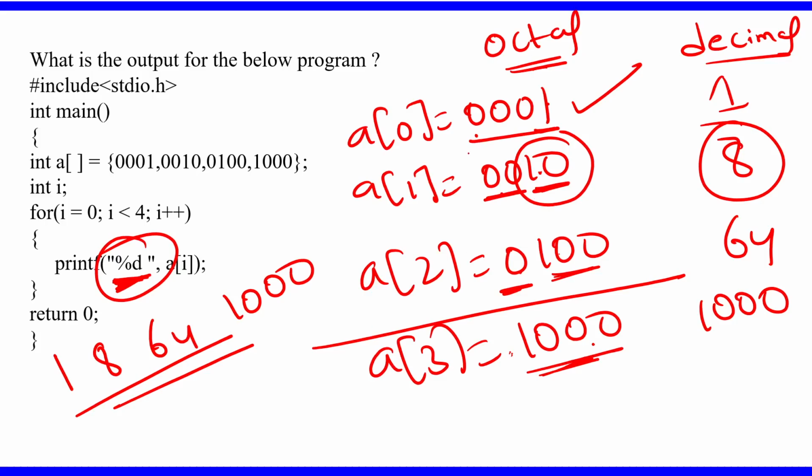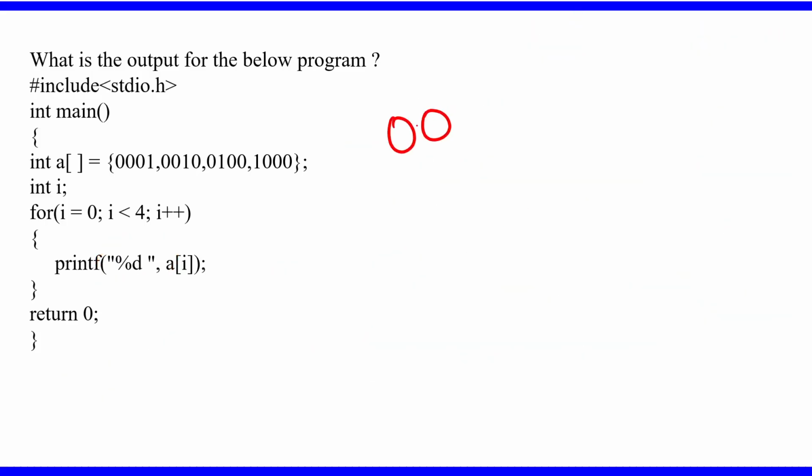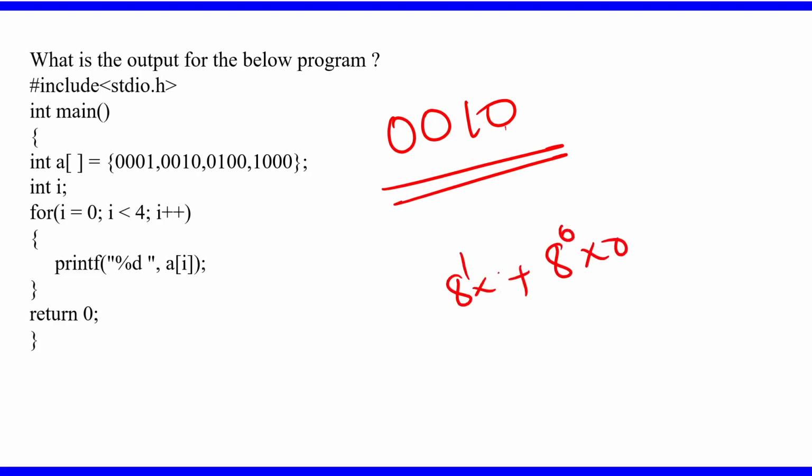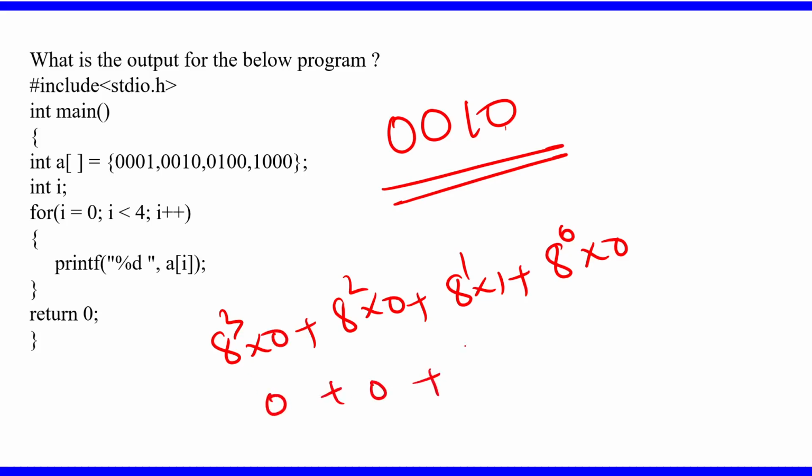I think you are aware of the conversion, it is simple. Suppose this is my octal number and I want to convert to decimal. You multiply 8 power 0 into 0, plus 8 power 1 into 1, plus 8 power 2 into 0, plus 8 power 3 into 0. So, 0 plus 8 plus 0 plus 0. Therefore, the answer becomes 8 in decimal, right.